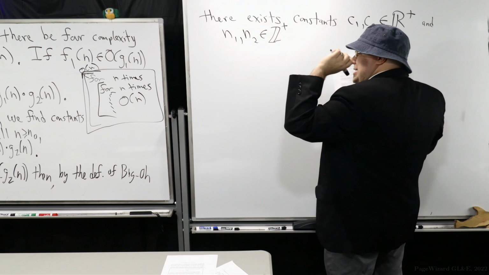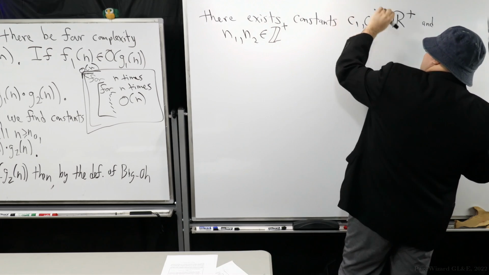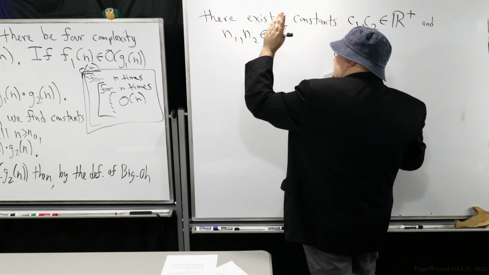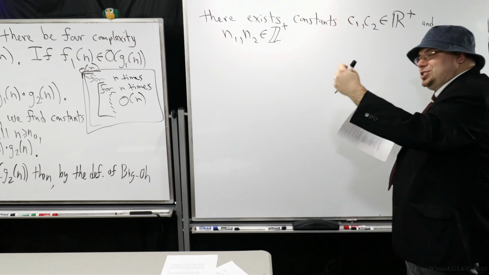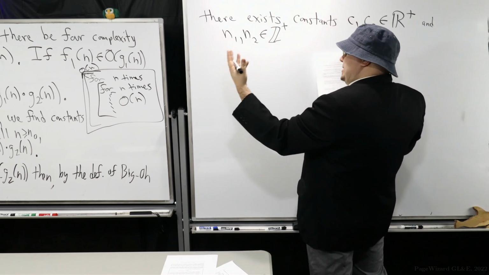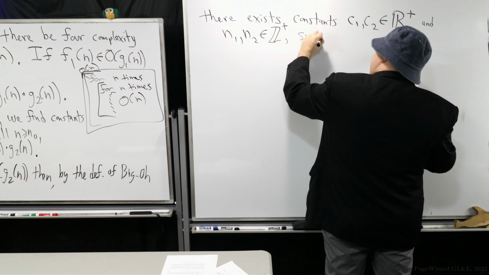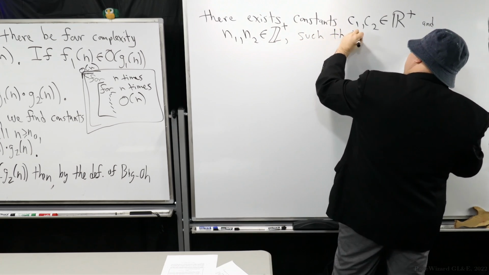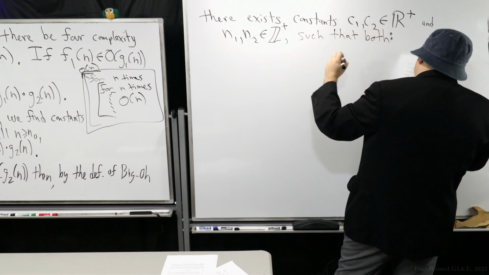So remember, we have two different ways we're applying the big O definition. For the sake of clarity, I'm just pairing them up like this, so that you have the one for F1 and G1, and the other one for F2 and G2. So let's get into it.